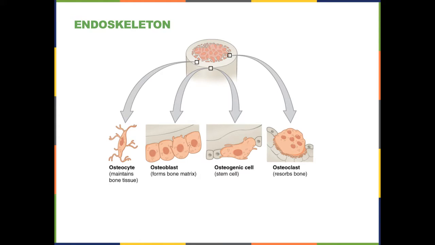Now here we have the three bone cell types that exist in the bone matrix. The first of these is called osteoblast. And here is an osteoblast in large, and here's where they come from. They're generally on the outside surface of the bone associated with the periosteum, and they produce or form the matrix, the bone matrix.